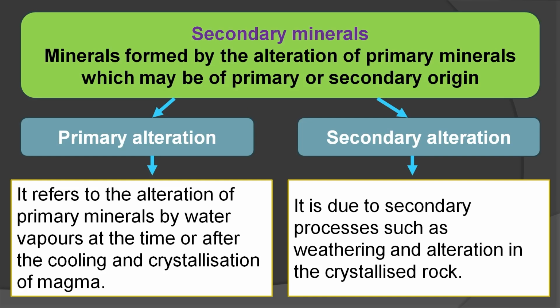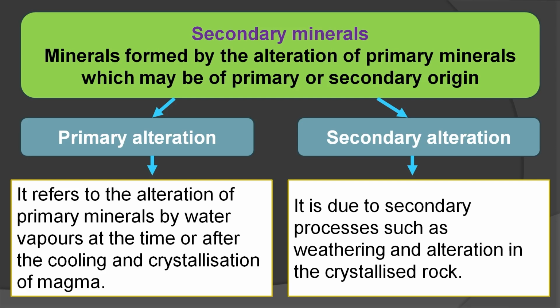Then we have the secondary minerals. These are the minerals which form by the alteration of primary minerals, which may be of primary or secondary origin. Primary alteration refers to the alteration of primary minerals by water vapors at the time of or after the cooling and crystallization of magma.